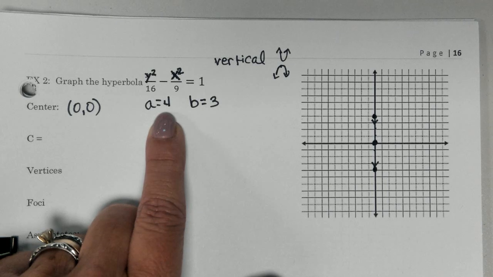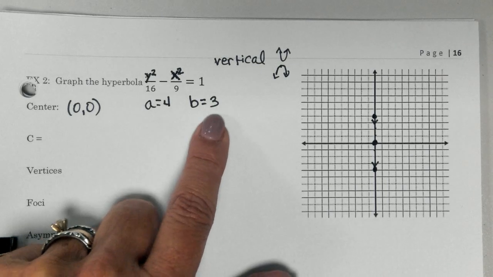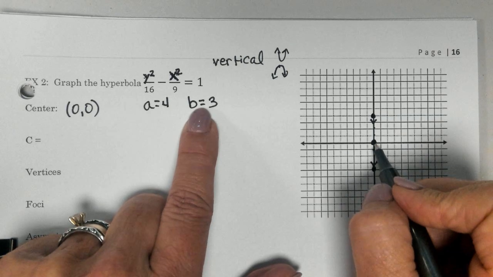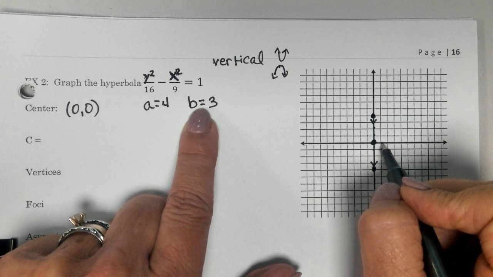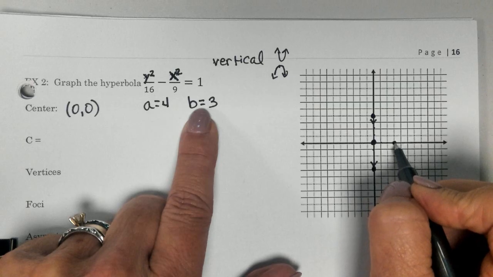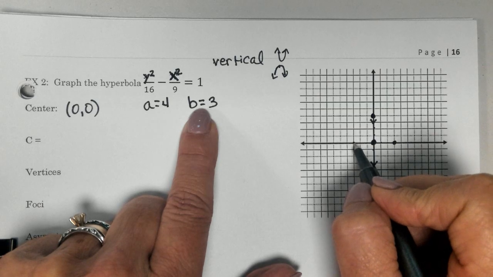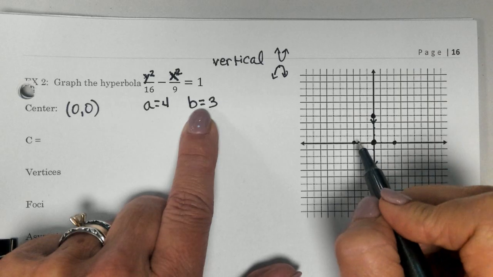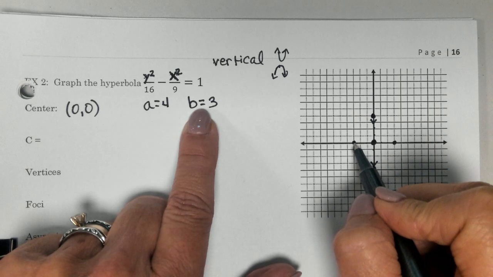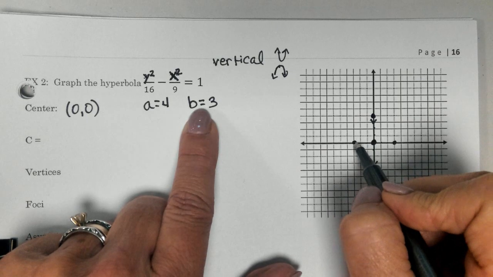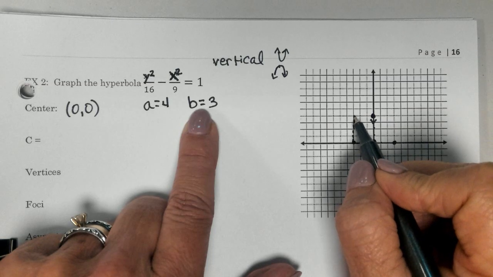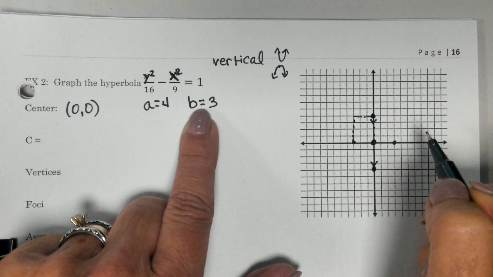Now then, the 3, that's going to be horizontal. That's my conjugate axis, out 1, 2, 3, 1, 2, 3. And then I'm going to start at that negative 3, and I'm just going to count, think of your slope. I'm counting up and over to this point.